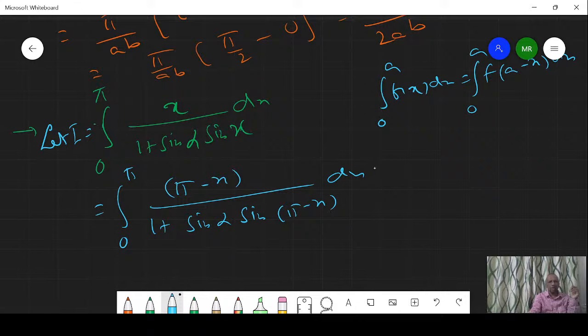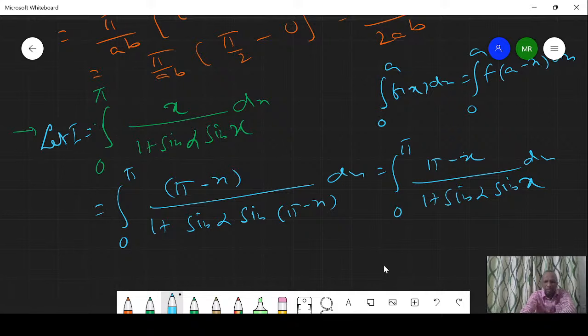So this will become, again you can see, 0 to pi, pi minus x by 1 plus sine alpha, sine of 180 minus x is sine x only. It will be sine x dx.